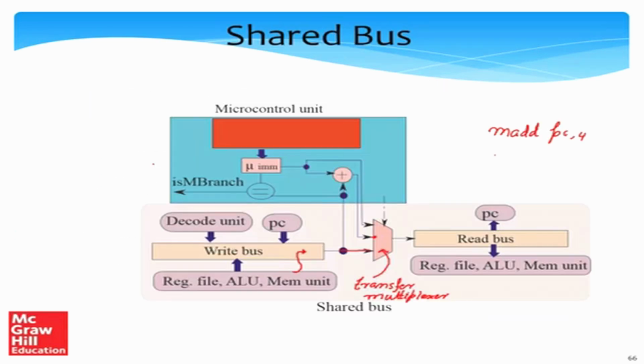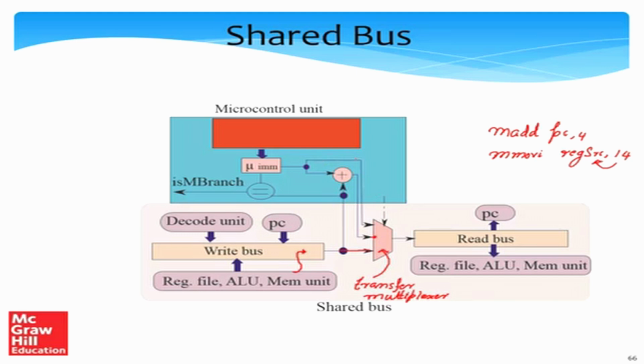So let's see what mmovi is doing. In this case, we take the micro register and we move a constant to it. And this micro immediate can be one of the values which is being transferred from a writer to a reader.